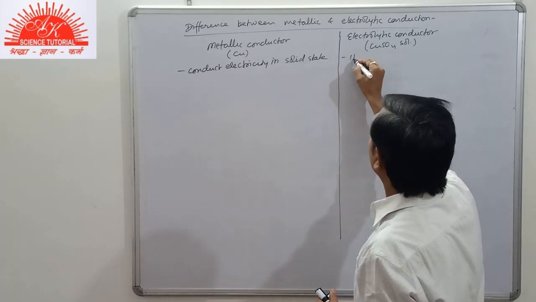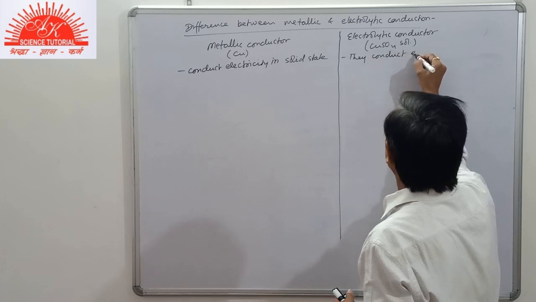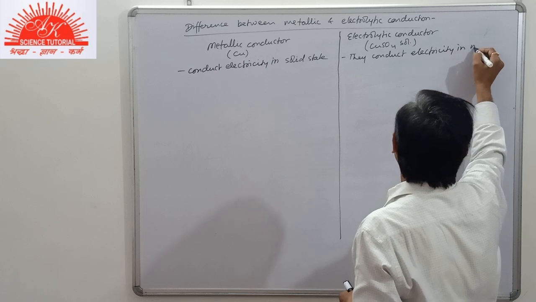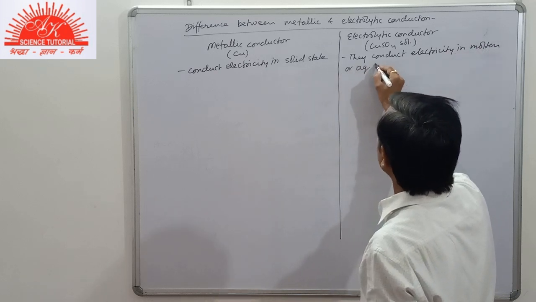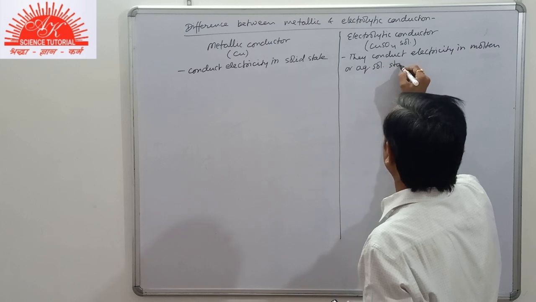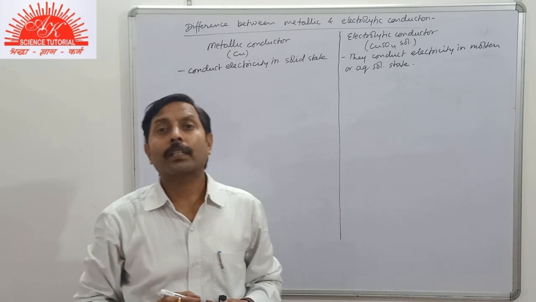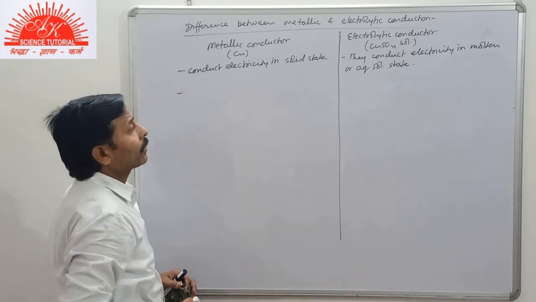Here they conduct electricity in molten or aqueous solution state. We will study later on that electrolytes do not conduct electricity in solid state, and there will be some reason for it.